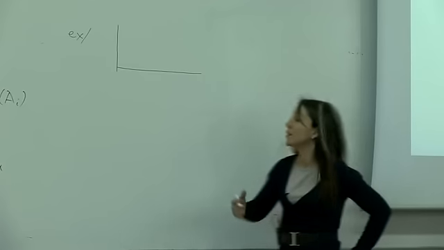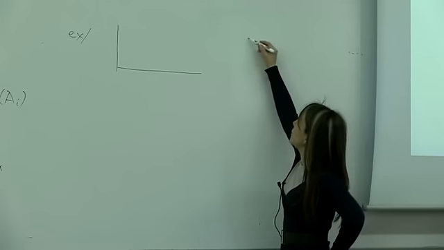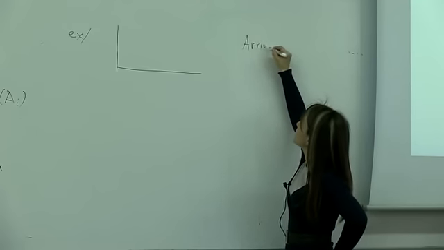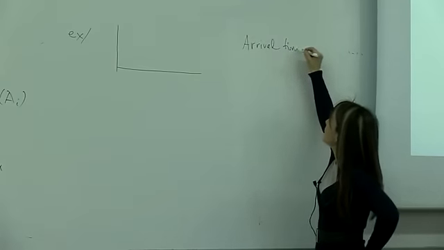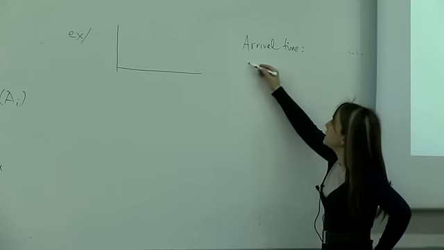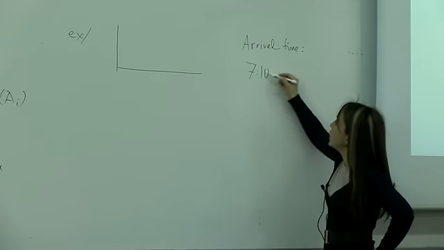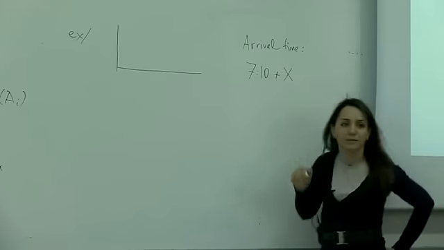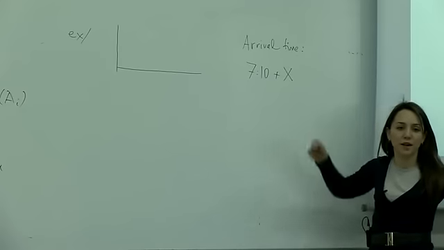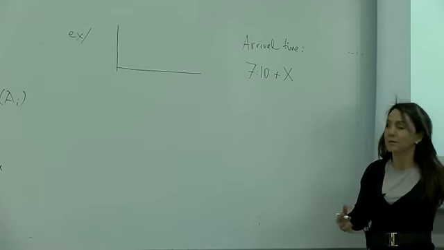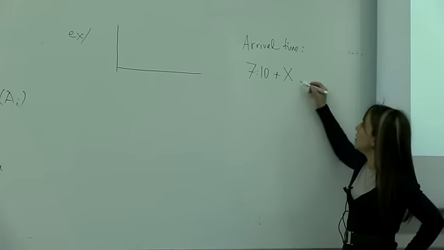So my arrival time, if you will, is 7:10 plus X. Units of X are in minutes.